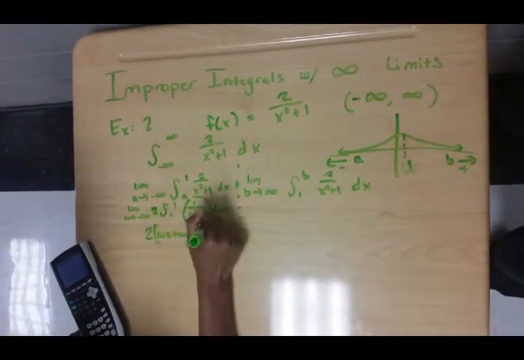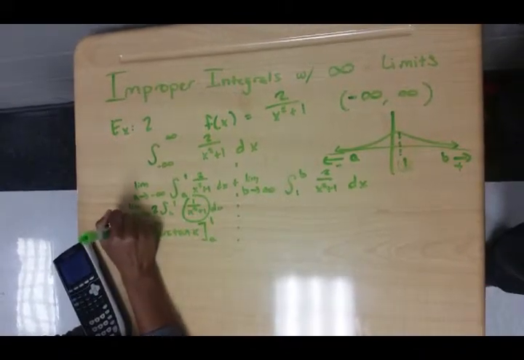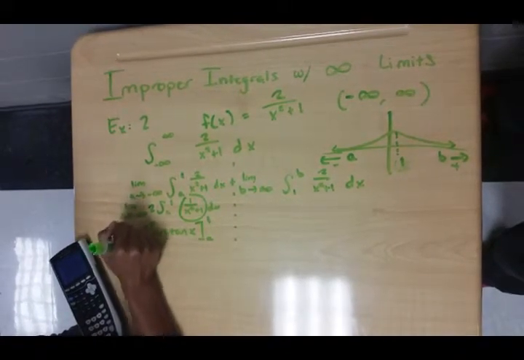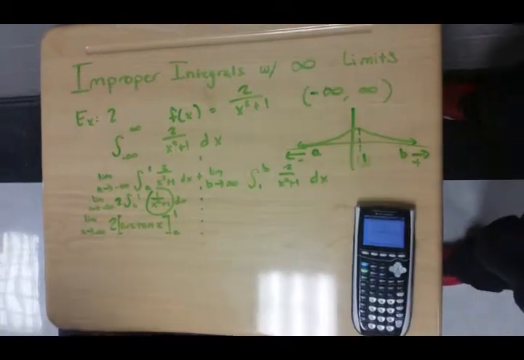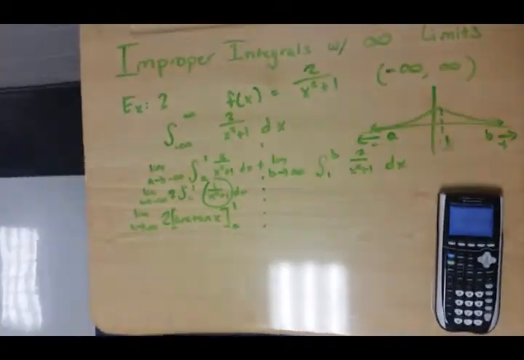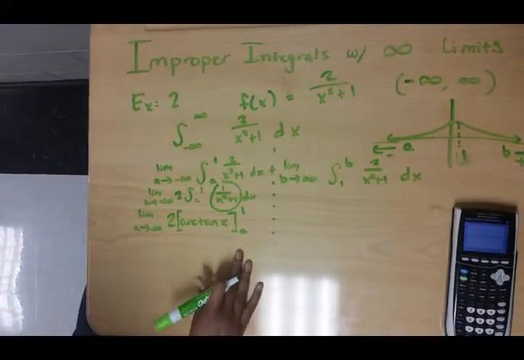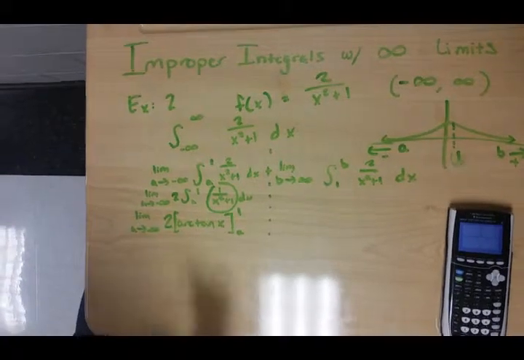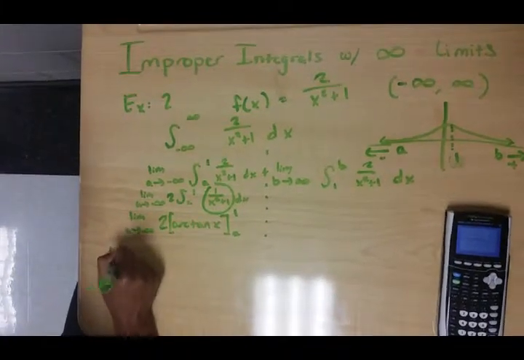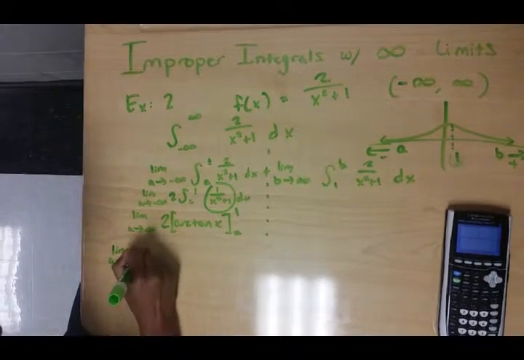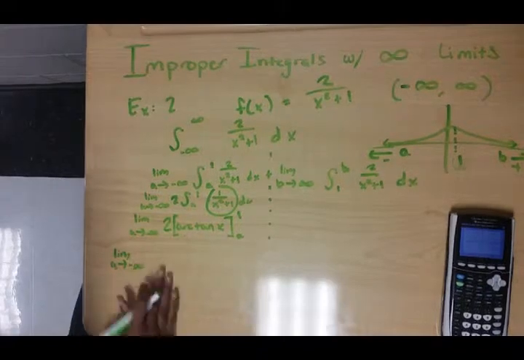Leave the 2 on the outside because it's constant. And you have to remember to put this limit to negative infinity. Also, remember when you substitute in, you only put the limit as a goes to negative infinity if a is in the problem that you're solving for.